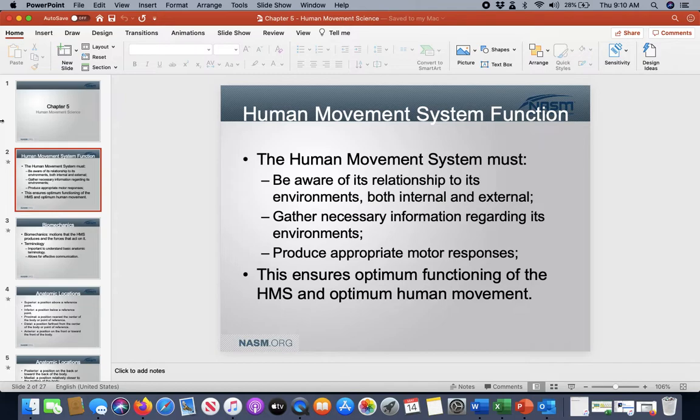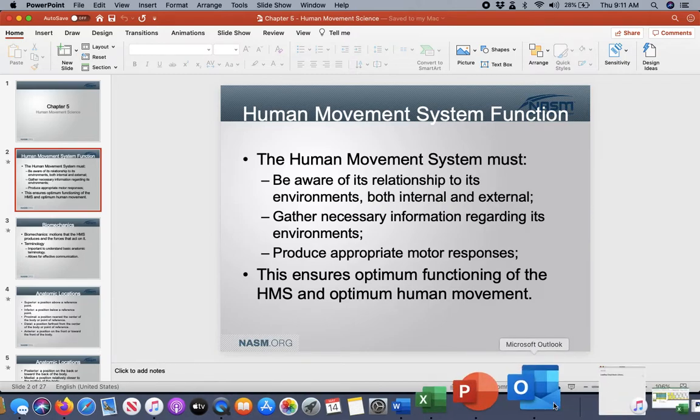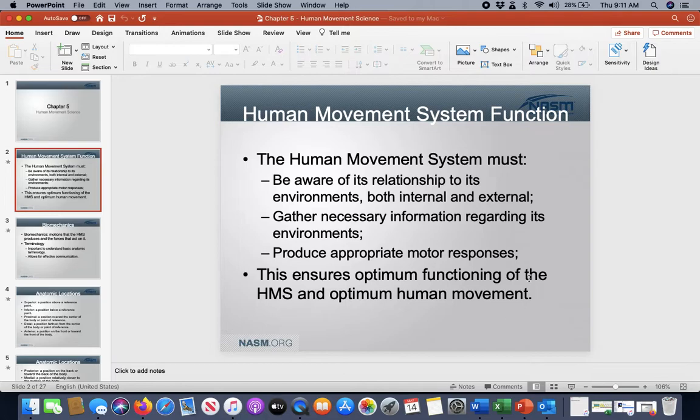And then what also is happening is it's like a cycle. You're gathering information, and then you end up producing what we would call an appropriate response or an appropriate movement. Okay, now motor response, we're talking about movement in that case. That's something that we're going to really work with in terms of this huge vicious cycle. So what we want to do is look at different pathways.